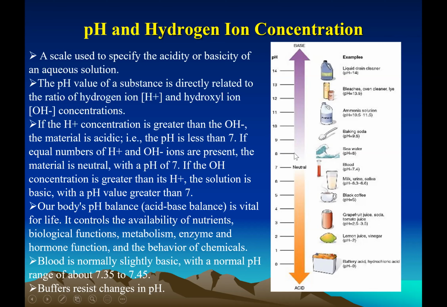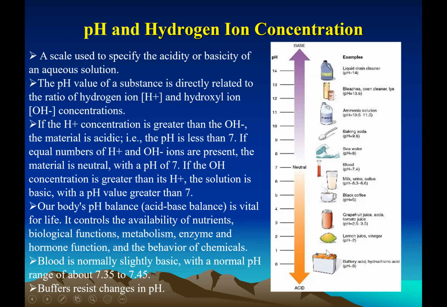Anything above 7, the hydroxyl ion concentration is high. Seawater, baking soda, ammonia, cleaning fluids. If it is less than 7, the hydrogen ion concentration is high. And these are the acidic things that we like, coffee, tea, juices like lime juice or orange juice.